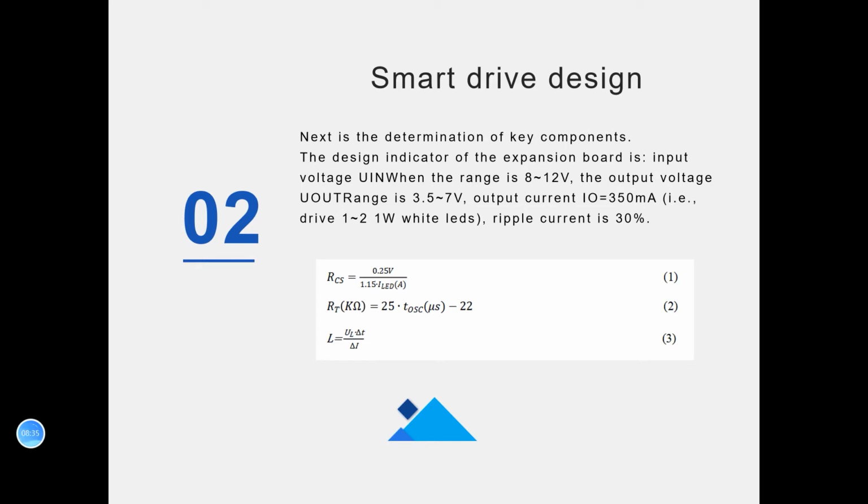You get RT equal R1 equal 100,000 ohms. Equation 3 calculates the power inductance, where the inductance voltage is determined by the increment of the inductance current and its corresponding time increment.